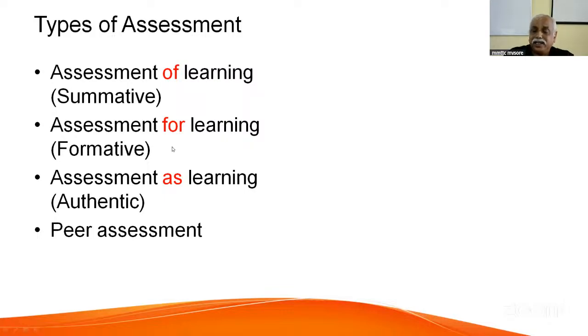When the learning is happening, during the process itself, if you are carrying out the assessment, then we say it is assessment for learning, which facilitates learning, helps you identify the learning difficulties and address those difficulties at that moment, modify your strategies, modify your style, modify your activities, and try to facilitate the learner. So it is helping the learner to learn in the desired manner. If you are doing that during the process itself, then we say it is a formative assessment.